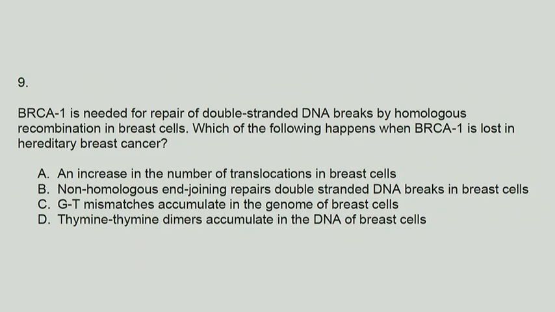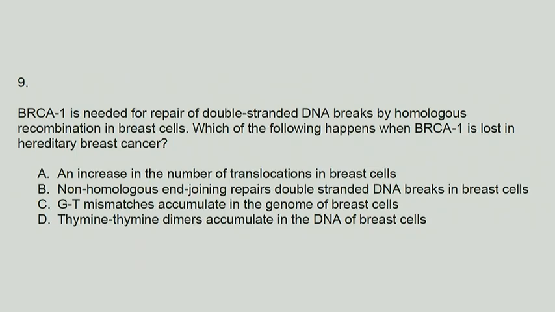So how might I stitch two chromosomes together? End joining, right? So if I don't have the capability to do homologous recombination, what am I going to do when I get a double-stranded break? End joining, exactly. So you lose BRCA1, you're going to get an increase in the number of translocations, because every time there's a double-stranded break, there's a chance for end joining to mix up chromosomes and fuse them together.